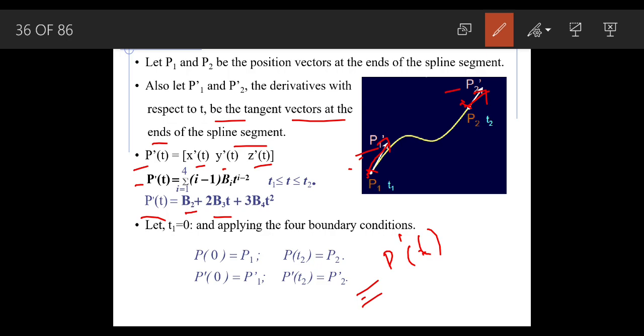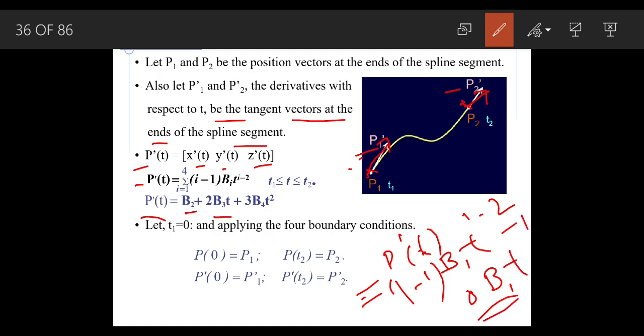Initially i is equal to 1, so 1 minus 1 is 0, multiplied with this term it becomes 0, so we are not going to represent that term.